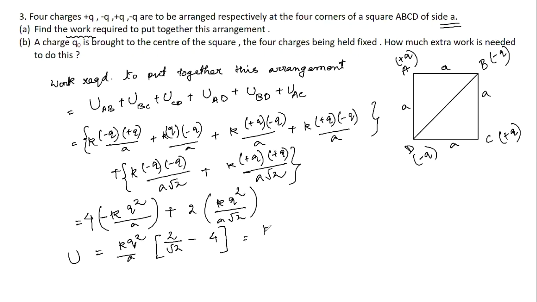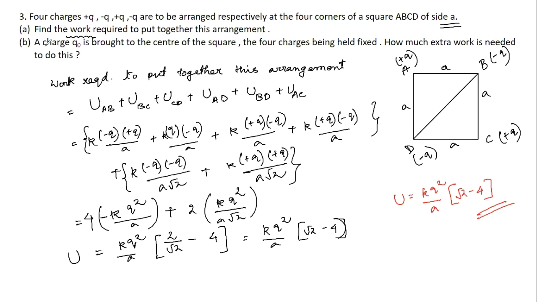If you do further calculation, you will have root 2 minus 4. You can take the value of root 2 and then find your net potential energy. So the potential energy expression is K Q square by A times root 2 minus 4. This much potential energy, or you can say this much work, is required to put together this arrangement.